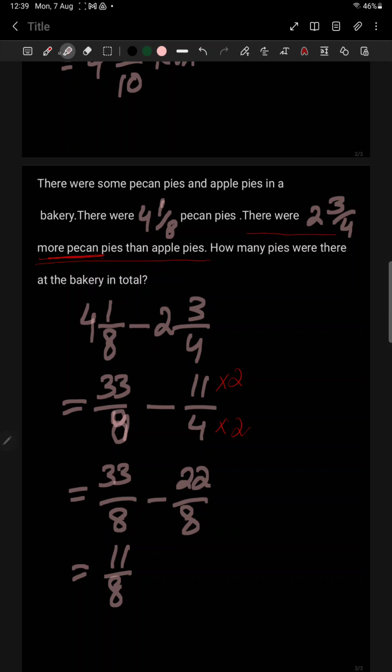So the apple pies will be 11 divided by 8. 8 1s are 8, 3 left. So the apple pies will be 1 whole 3/8, because 4 whole 1/8 is the pecan pies and the apple pies are less in quantity, so we subtract. These are the apple pies.